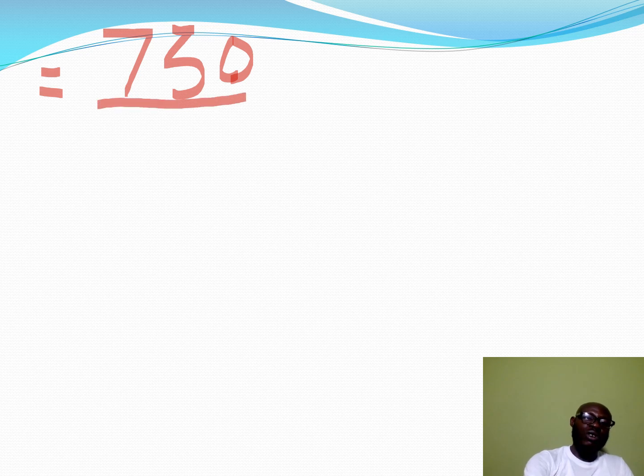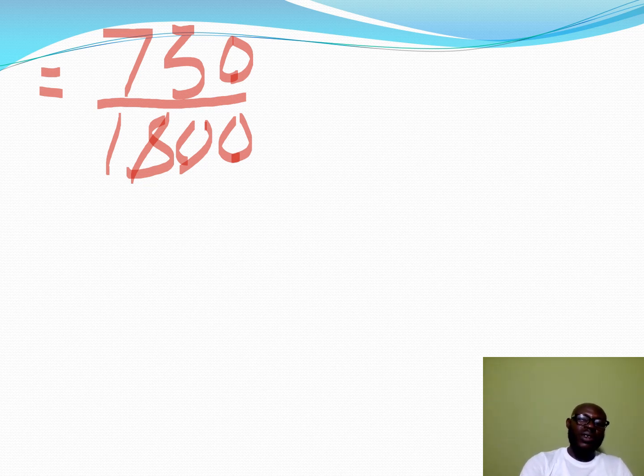So the number of students in year 1 gave us 750. So that will be 750 out of the total. The total gave us 1,800. Is that okay? Good. So first, what we have to do is to cancel our zeros.